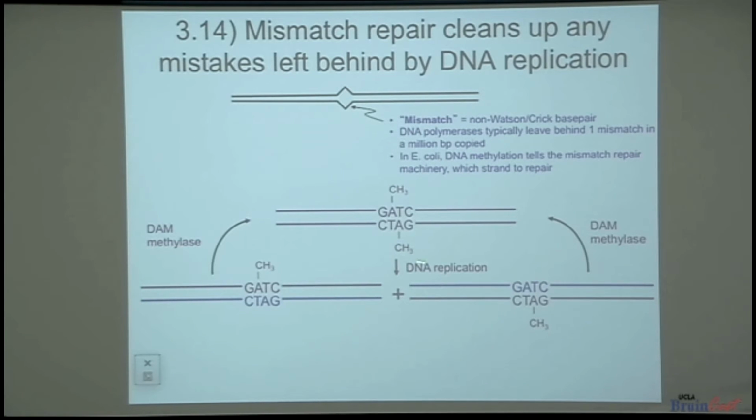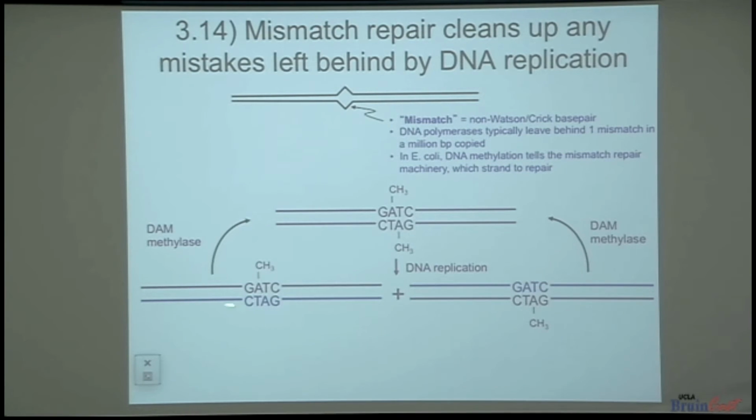Okay? And so before DNA replication occurs, this site is in its fully methylated state because DAM methylases come along and put methyl groups on both of these adenines. But after DNA replication occurs, the DNA is only hemimethylated, because the DAM methylase hasn't had a chance to get in there and do its job, right?